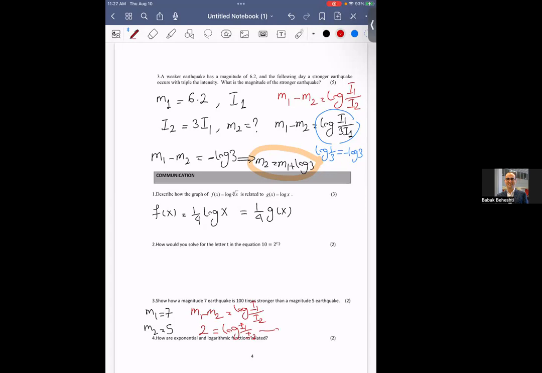So what is I1 over I2 then? If log of I1 over I2 is 2, that means I1 over I2 is just 10 squared, which is 100. That's it. So I1 is 100 times more intense than I2.